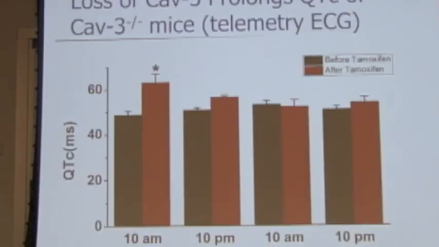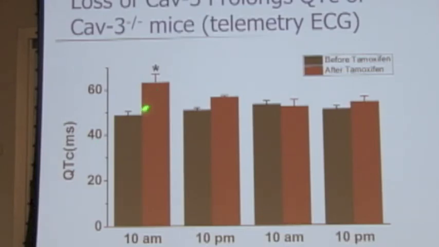One of the ways we looked at the mice after we did this knockout is telemetry. We implanted telemetry into the mice, allowed them to recover, and then knocked out the gene and studied the phenotype of the mouse.